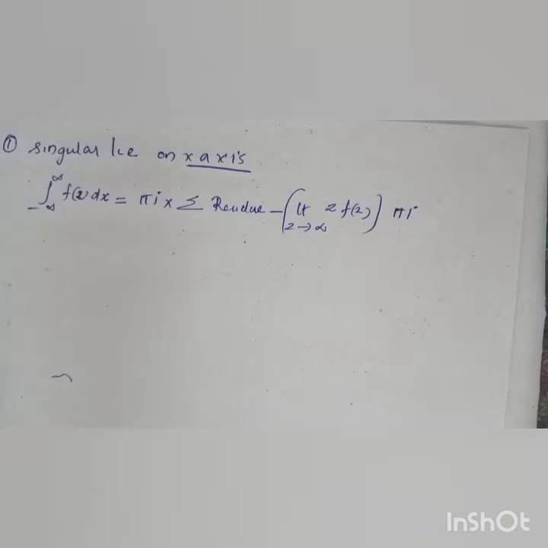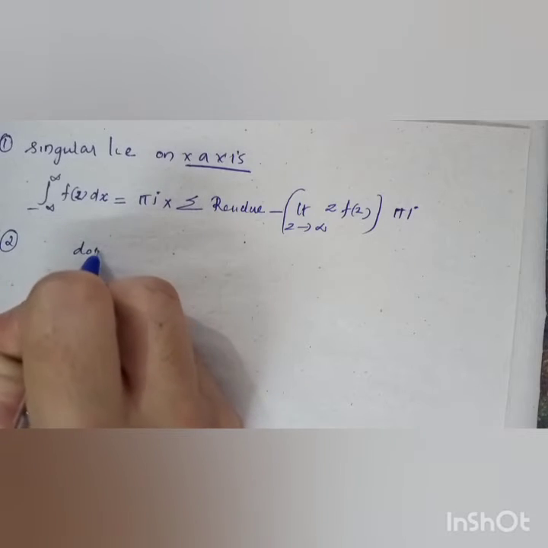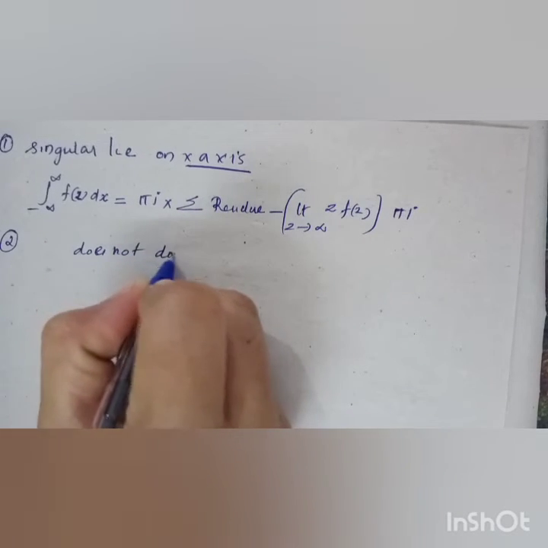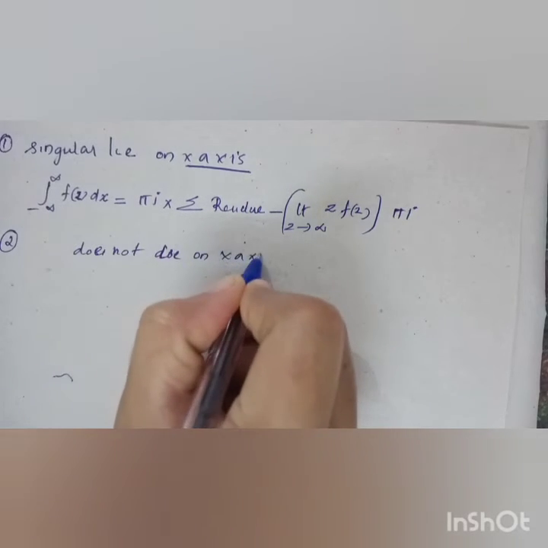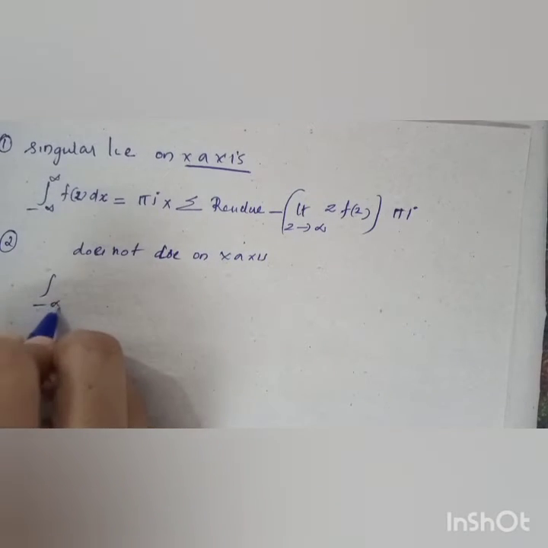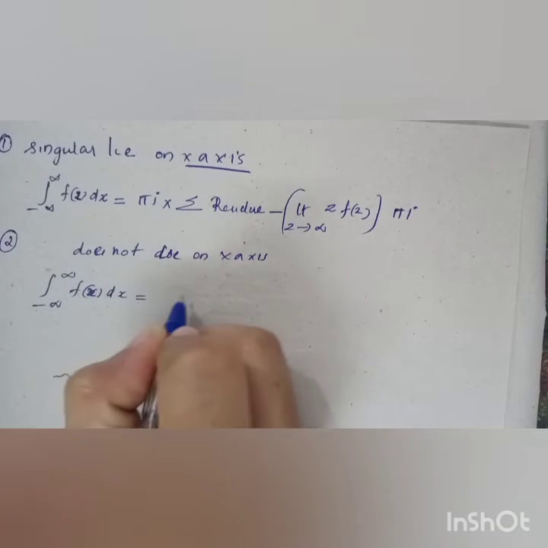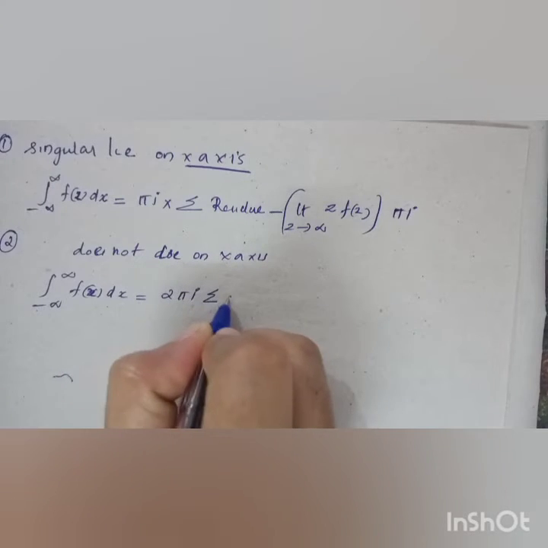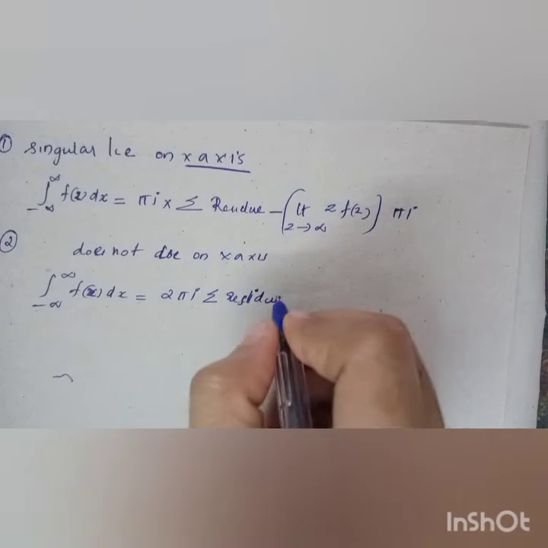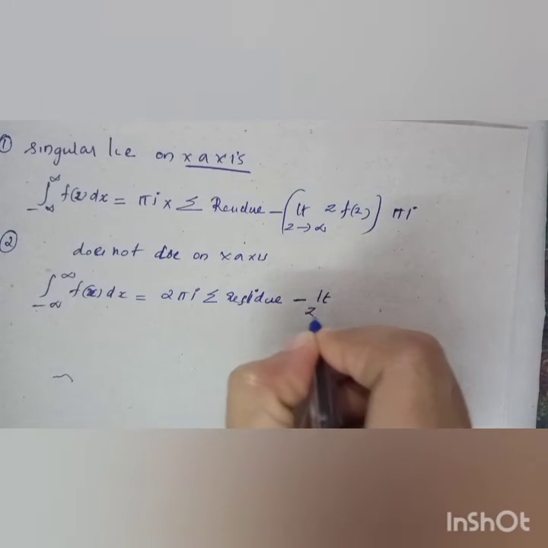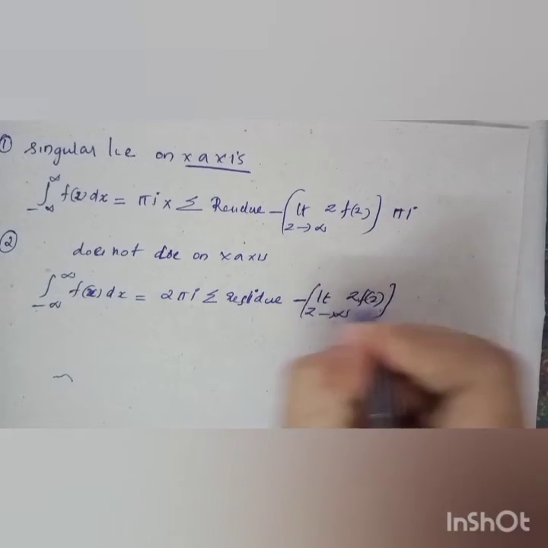Okay, and if the singular point does not lie on the x-axis, then the integration becomes the integral of f of x dx equal to 2 pi i times the summation over residues minus limit z tends to infinity of z f of z times pi i.